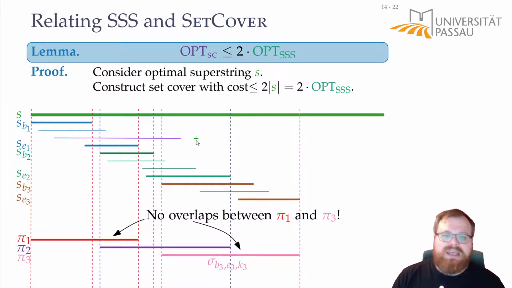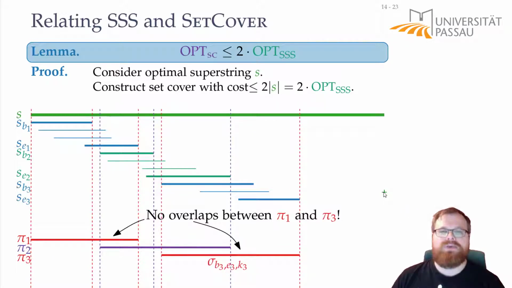And in the beginning, without loss of generality, we assume that this cannot be the case. So we can show this way that there cannot be any string of pi1 and of pi3 that overlap. And the same holds for pi2 and pi4, and the same holds for pi3 and pi5, and so on. No two of these strings that are more than one apart can overlap.